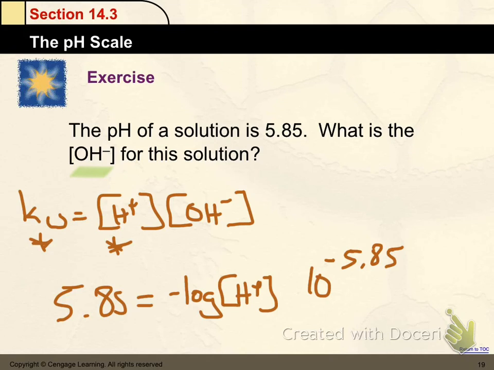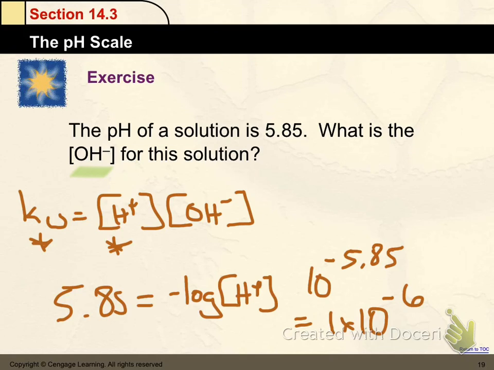Do it on my calculator quick. So that's 1 times 10 to the negative 6, that's my hydrogen ion concentration.